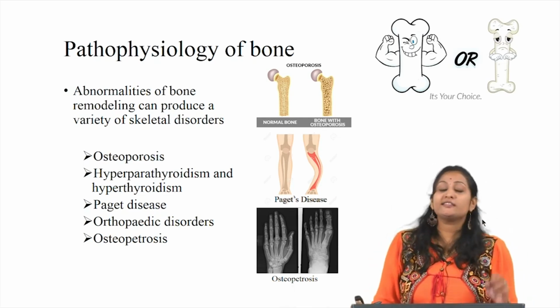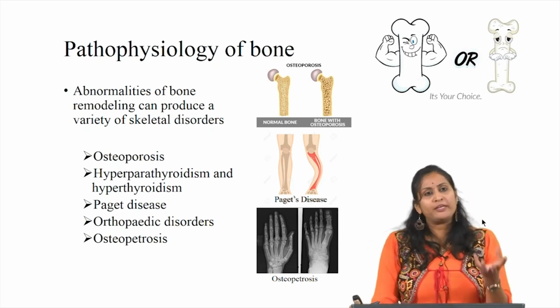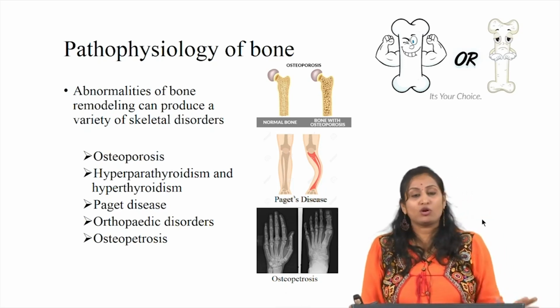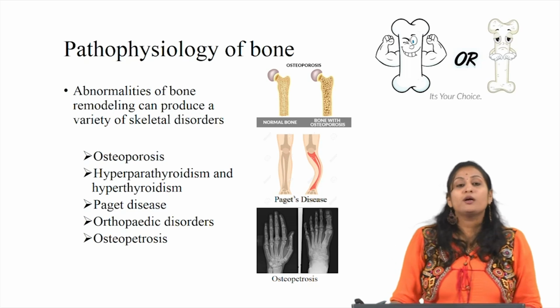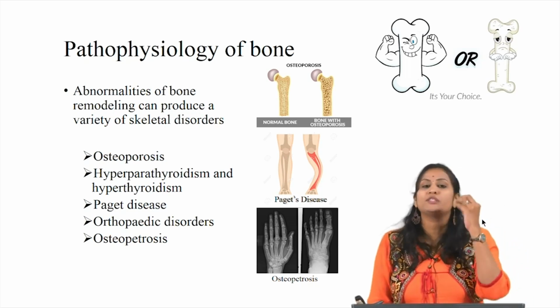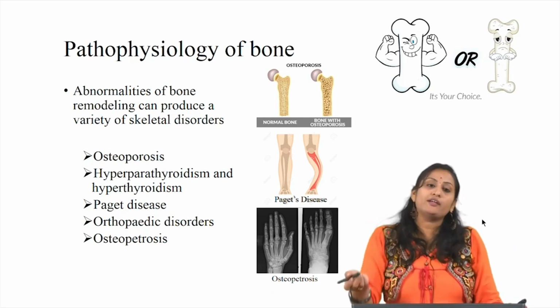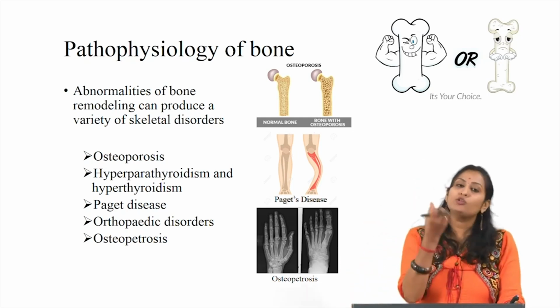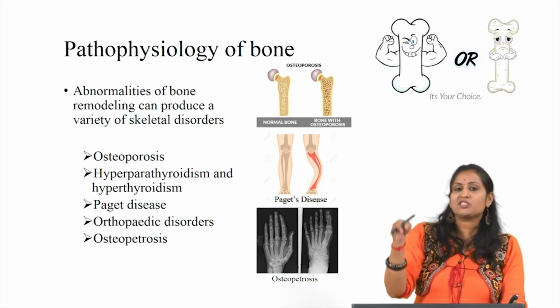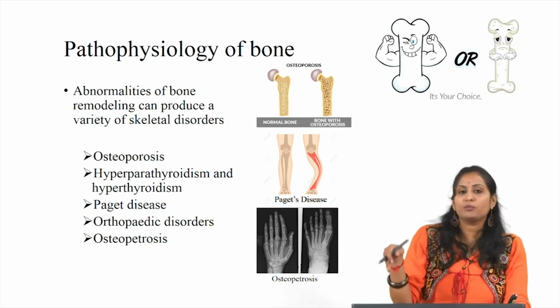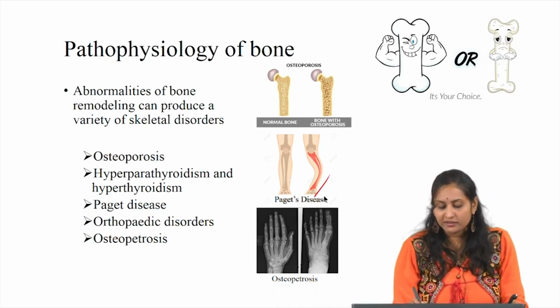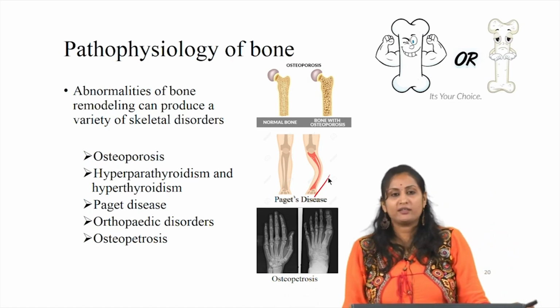And Paget disease, again the complete mechanism is not yet understood, but they say that because of some viral infection, these osteoclast cells are activated abnormally and thereby bone resorption is more, which changes the structure of the bone, as is evident in that picture. That is Paget disease.